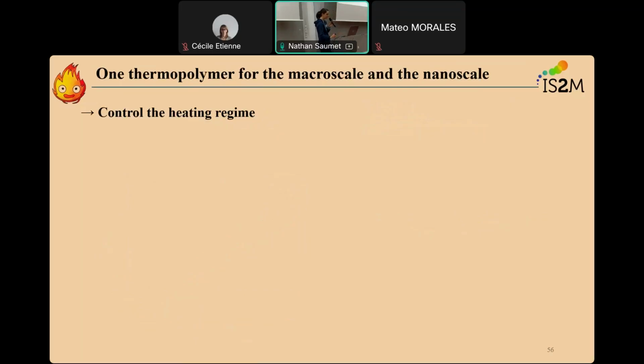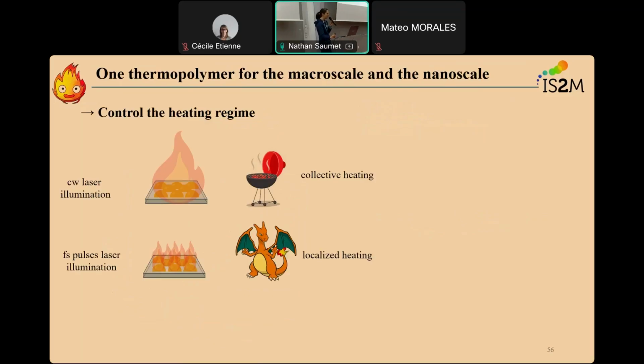So here, with the same thermopolymer, we manage to control the heating of the sample with the illumination. For continuous wave laser illumination, we generate a collective heating, which is the barbecue. For femtosecond pulsed laser illumination, we confine the heat inside the nanoparticles.